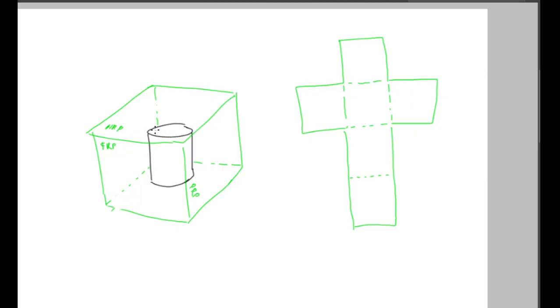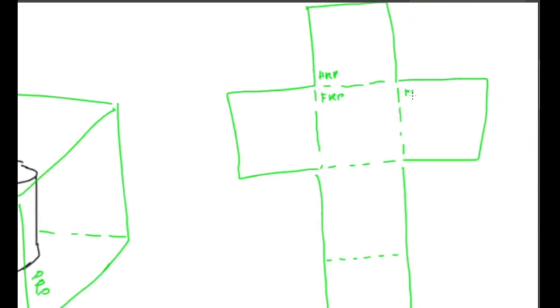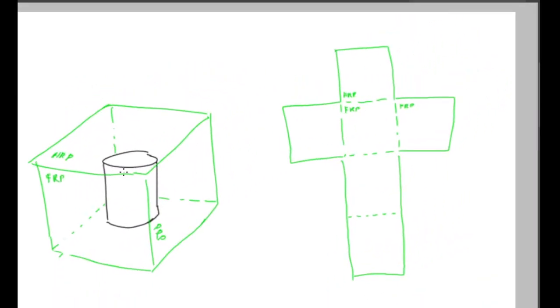For example, if we try to look at the top view, if this is our top view, let me label this as HRP, then this is our FRP, this is our PRP, right? So if this object were to be projected into this glass box right here, looking at it from the top view, again we will see, and let me use a different color now.